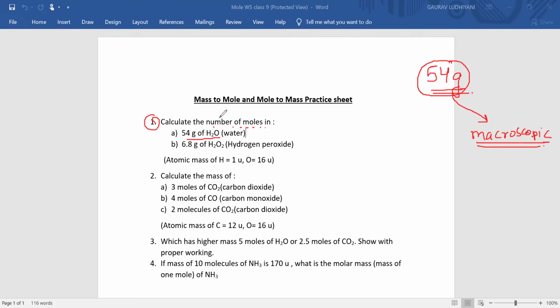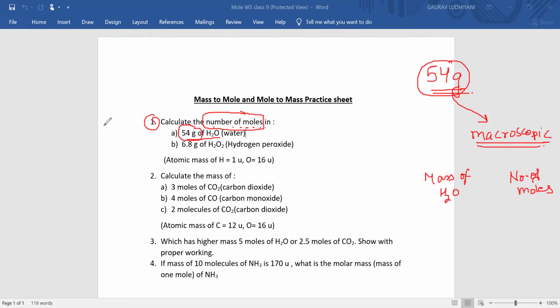So again, the two things that are being dealt with over here are number of moles and mass. So as I said in the lectures in the beginning, you have to apply the unitary method. One thing that is being dealt with is mass of water, and the other thing is number of moles of water, right? These are the two things that are being dealt with in the question.